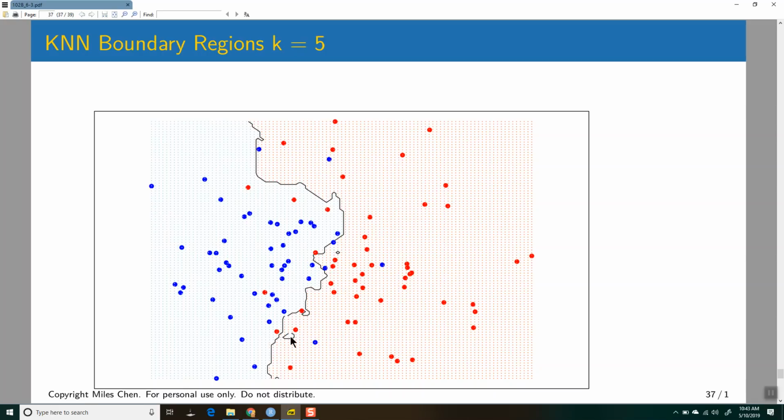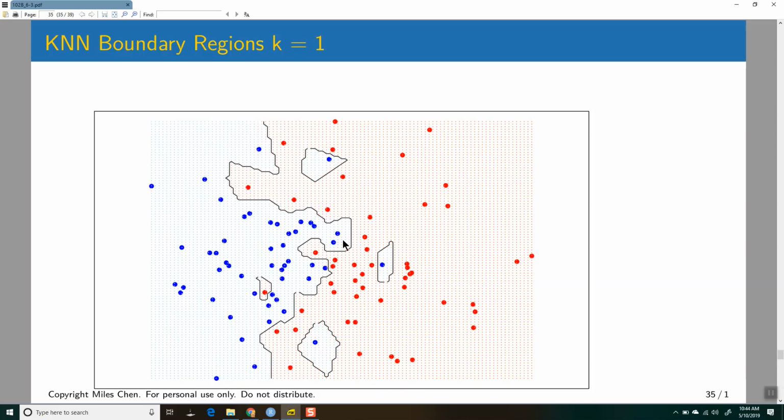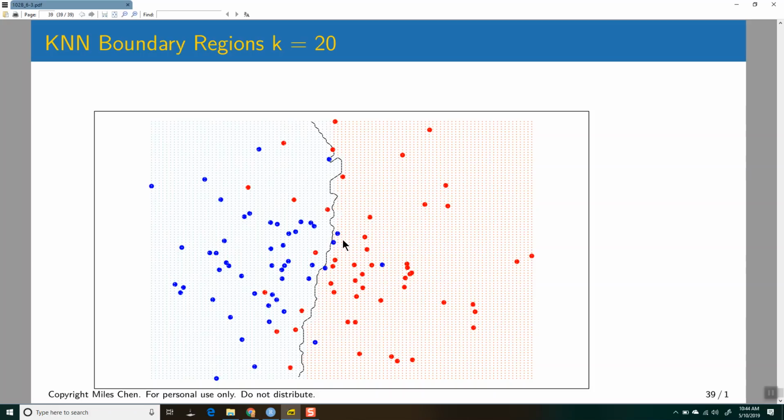But again, we're still getting a little bit of weird stuff right along the borders. At k equals 7, we're trying to reduce our weirdness. And then I jumped up to k equals 20, and it's just picking this line that says, all right, everything on this side is red and everything on this side is blue.